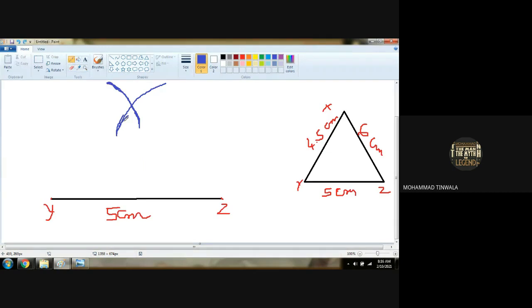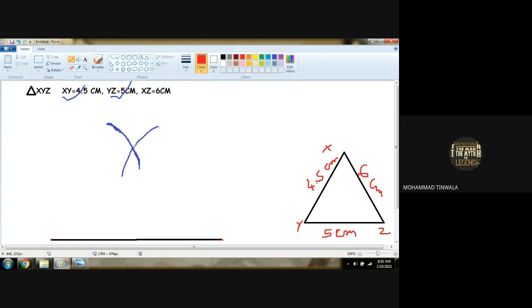Are you getting my point, girls? Yes, sir. So this intersecting point will be X.